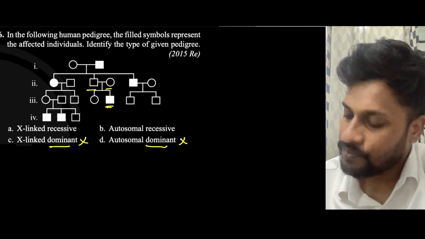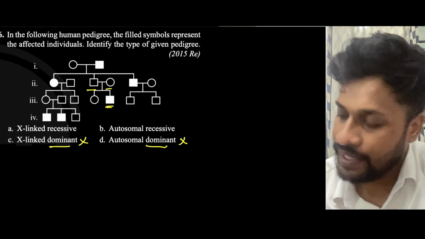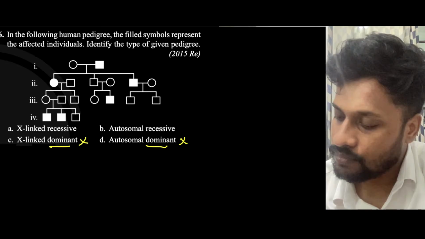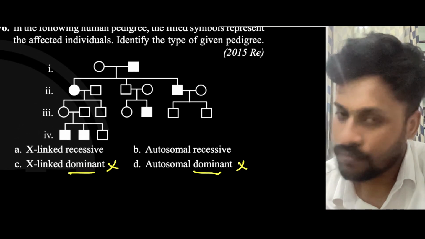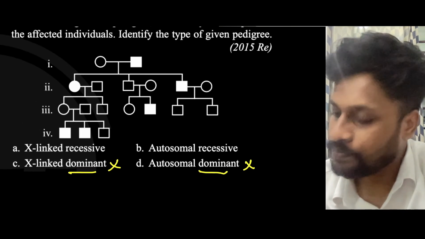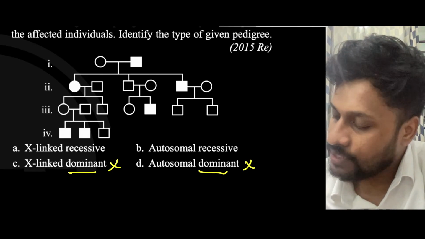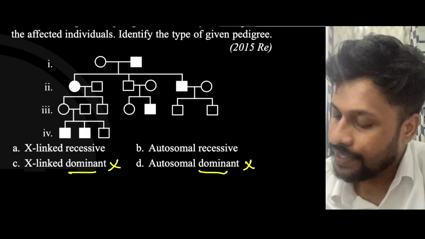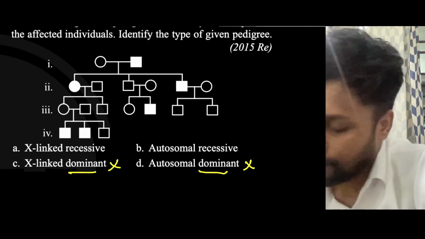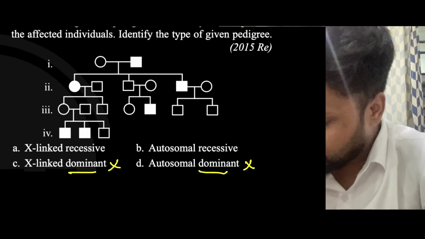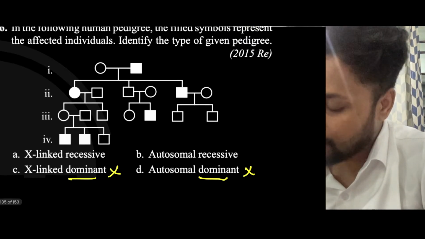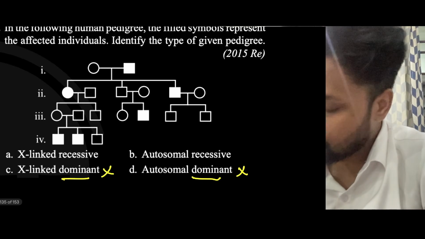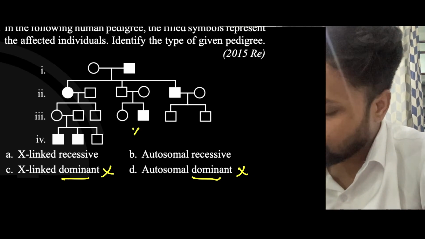Let's try. Suppose, imagine it is an X-linked recessive disorder. Now how can we work it out? If it is an X-linked recessive disorder, then it will be X' Y, right?